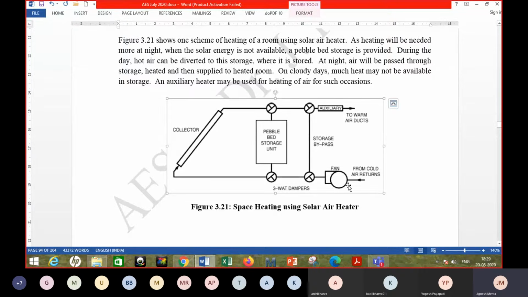Now during the night time, you can pass the air through this pebble bed storage, and then it can be supplied through the ducts into the rooms or spaces where there is a need for heating.